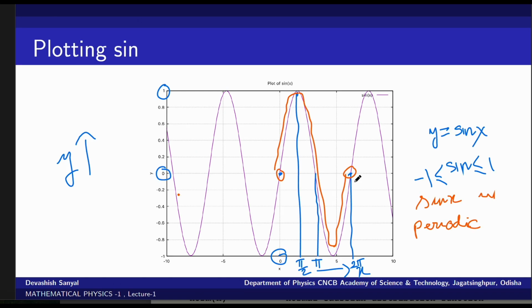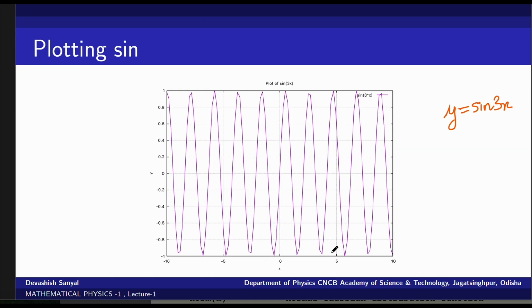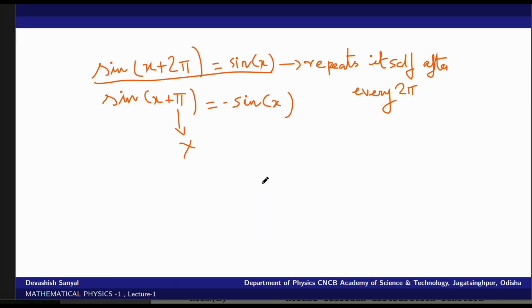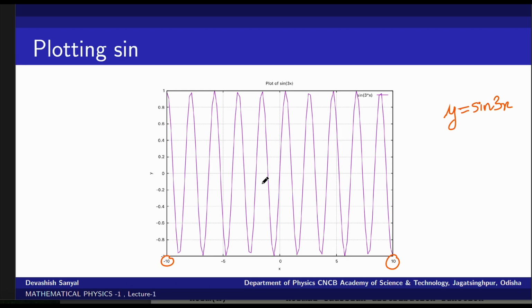This function has been drawn between x equal to minus 10 and x equal to plus 10, and the other function has also been drawn between minus 10 and plus 10. But here you see it is very dense. The repetition is more here, isn't it?